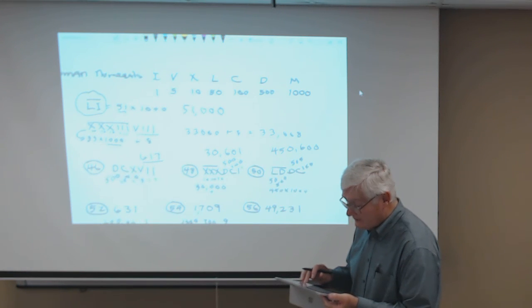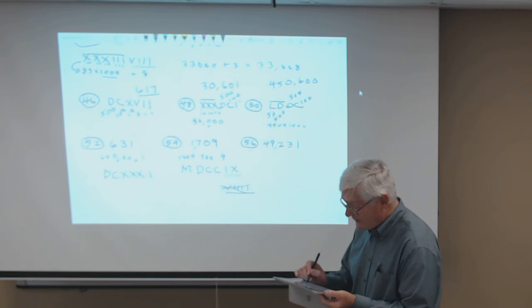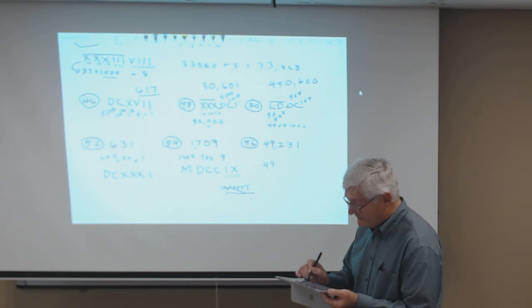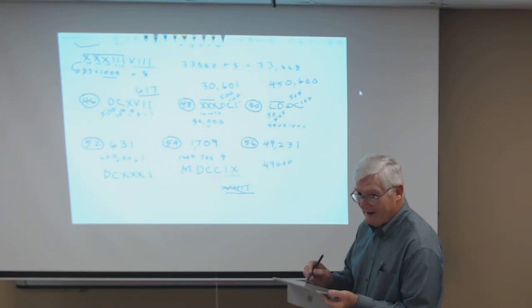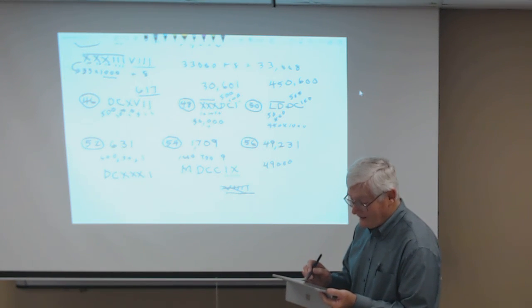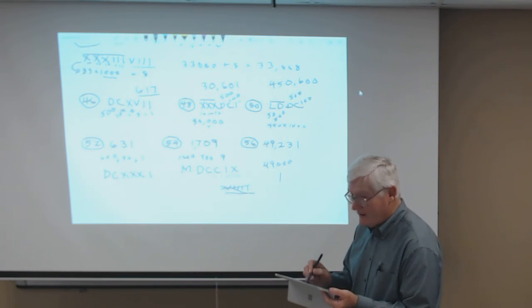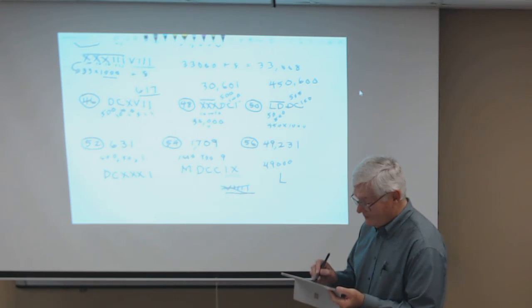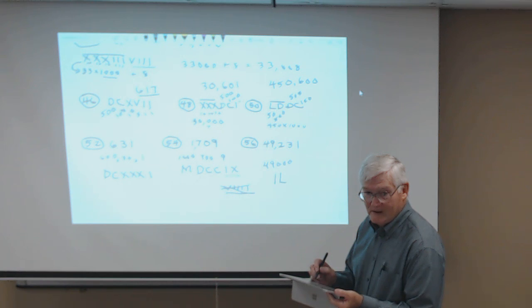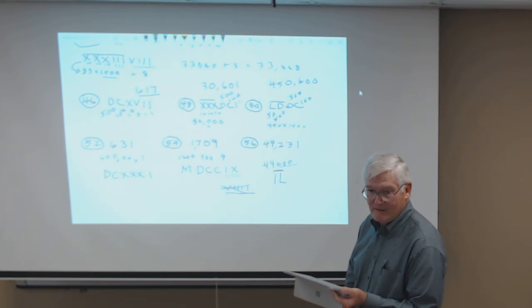49,000. How do you say 49,000? How do you say 49? What's 50? L. How would I say 49? Put an I in front of it, right? XLIX. And then since it's 1,000, I would put a line over the top of it. Everybody follow that?